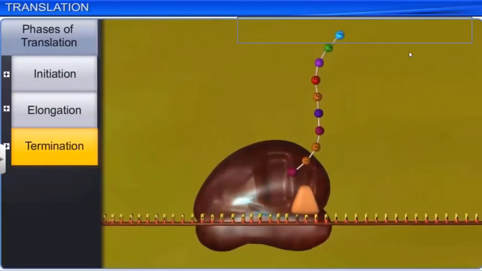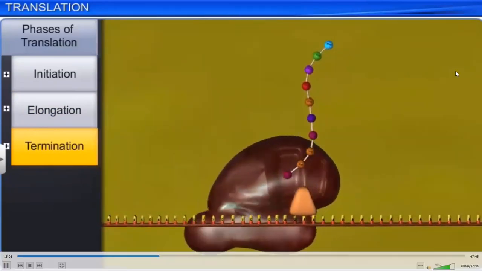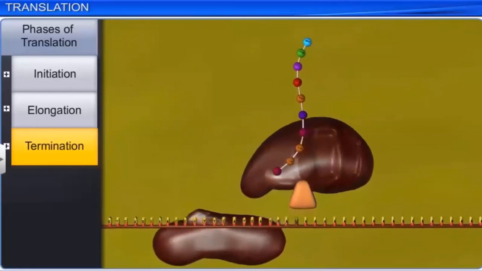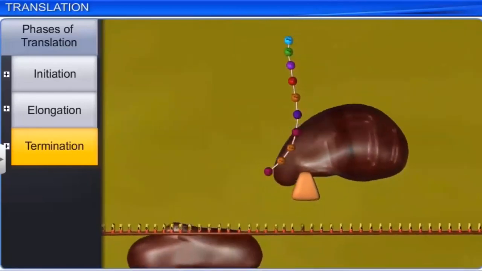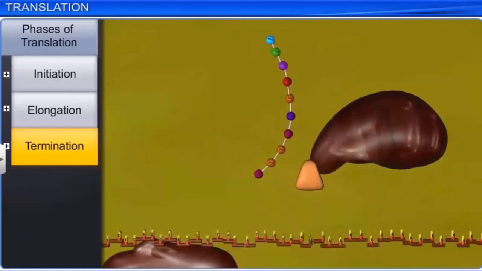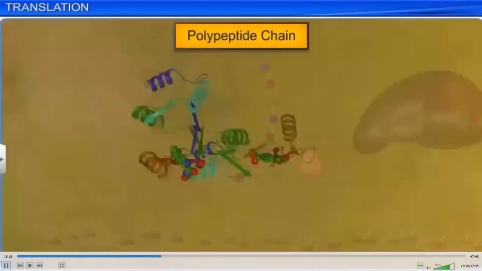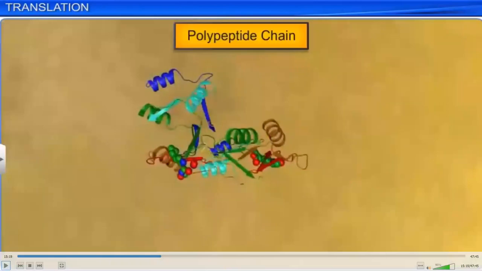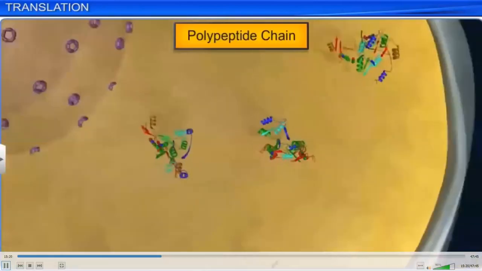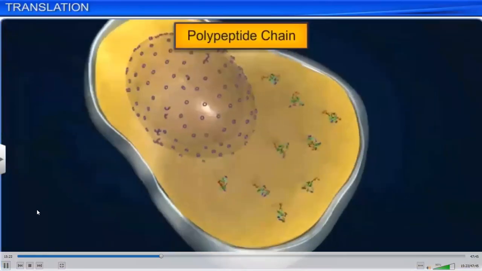After the termination, the small and large subunits of the ribosome dissociate and the mRNA degenerates. The polypeptide chain is the product of the translation process that takes place in the cytoplasm.